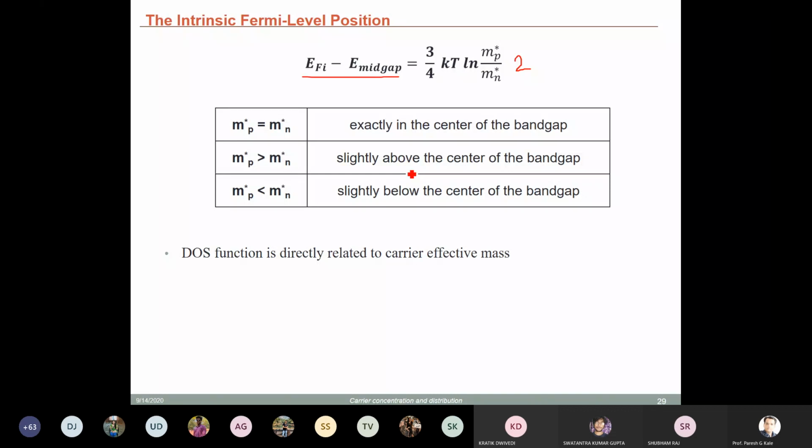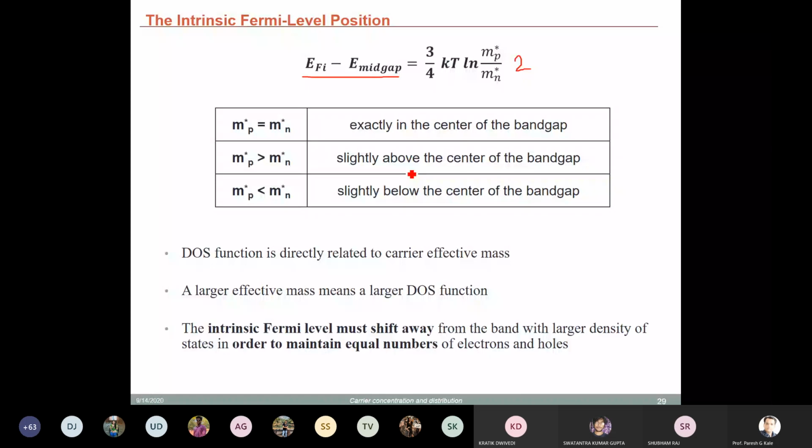The point here is that the DOS function is related to the effective mass of the carriers, and the larger the effective mass, the larger will be the DOS function. That is the physical significance, which we can use later when we see the effect of doping.